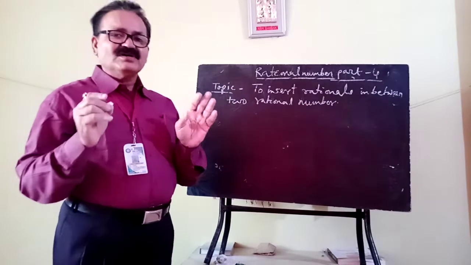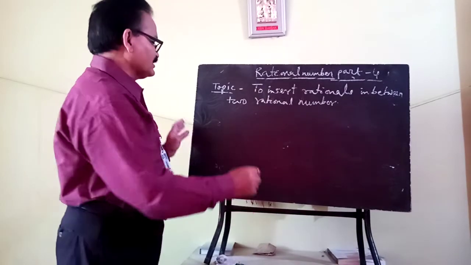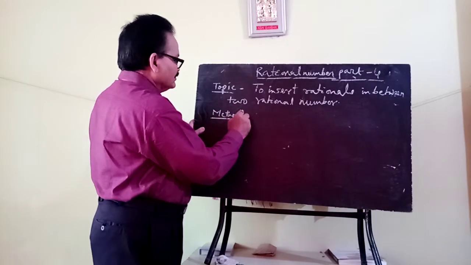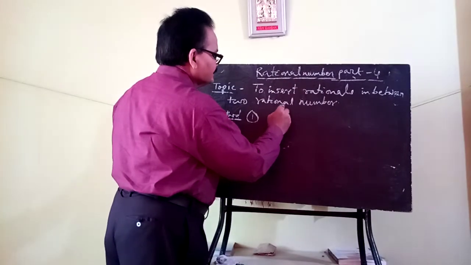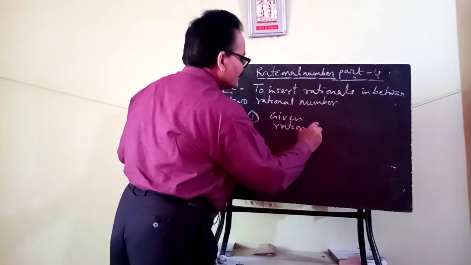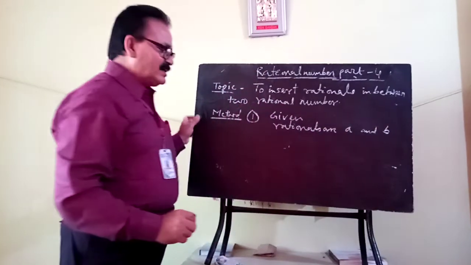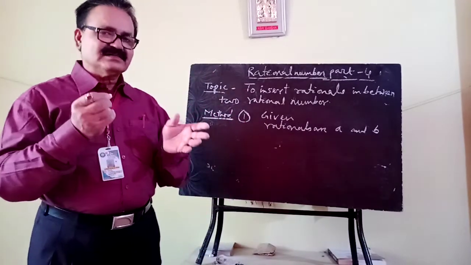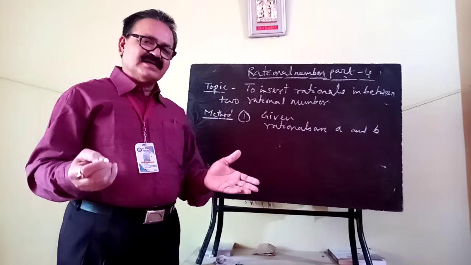You know, there are altogether three methods to insert rationals in between two given rationals. So method 1. Suppose given rationals are A and B. So there are two rationals A and B. If you want to insert one rational in between these two rationals, you just find out the average of it.